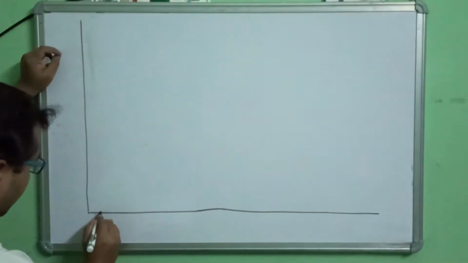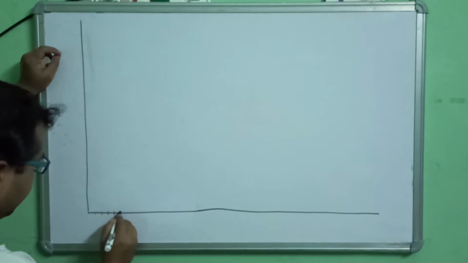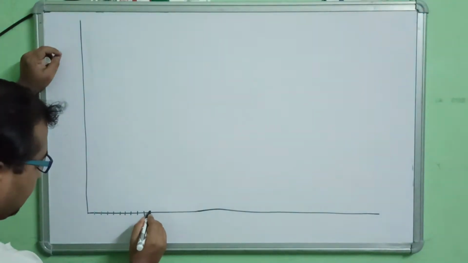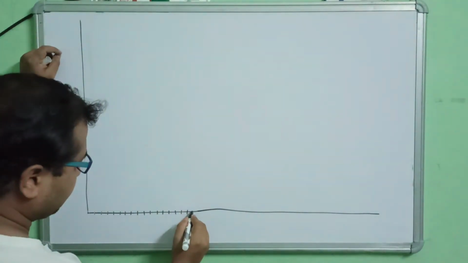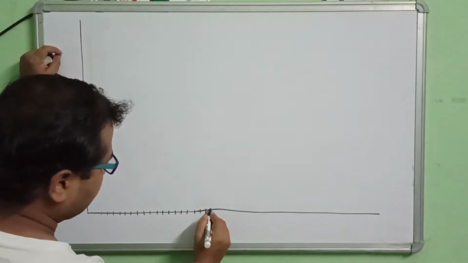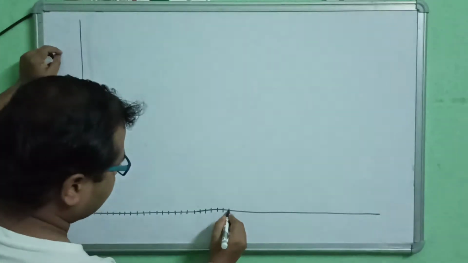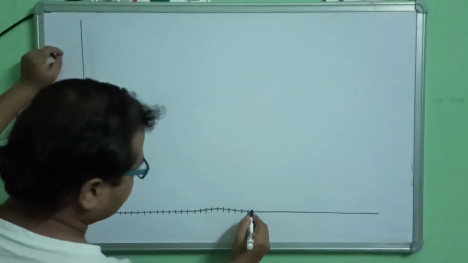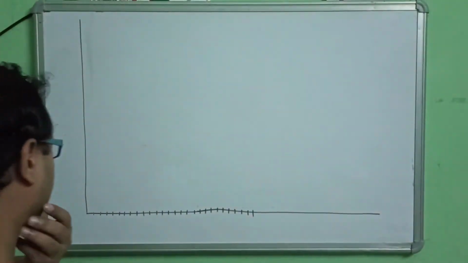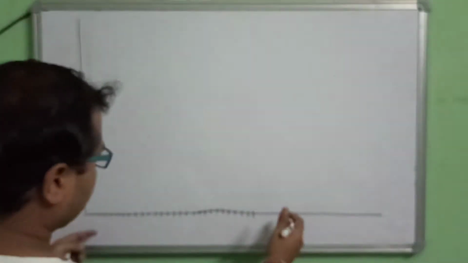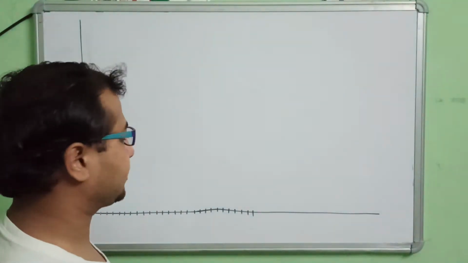then 2, 3, 4, 5, 6, 7, 8, 9, 10, 11, 12, 13, 14, 15, 16, 17, 18, 19, 20, 21, 22, 23, 24, 25, 26, 27, 28. Okay, so it is not taking the entire board, so within a small portion only I will be able to explain things.